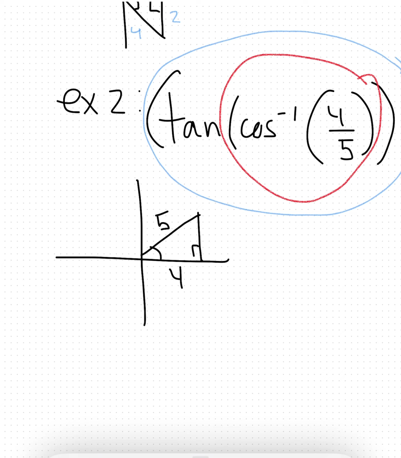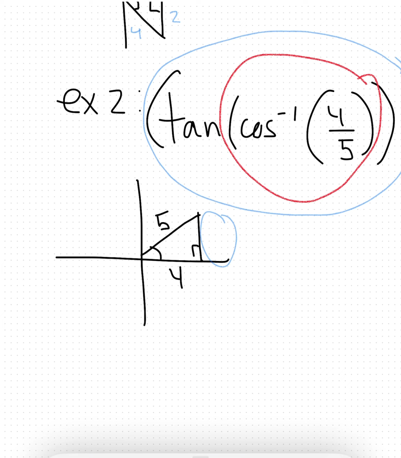And as you can see, we have not finished this problem yet. Now we're trying to find what the tan of this answer would be. And to solve tan, we would need to know the opposite side, the side that we have not filled out, which is this. So how would we find that?